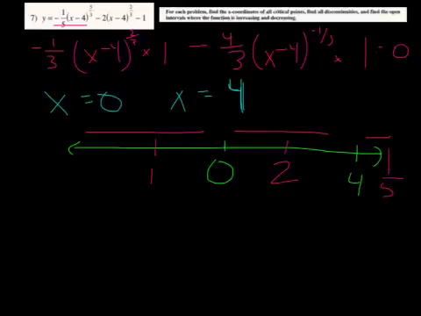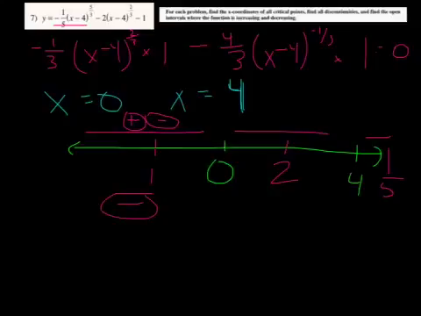So when I plug it in, the first sign will be a positive. And then the second sign would be negative for this one. So positive times negative equals a negative.